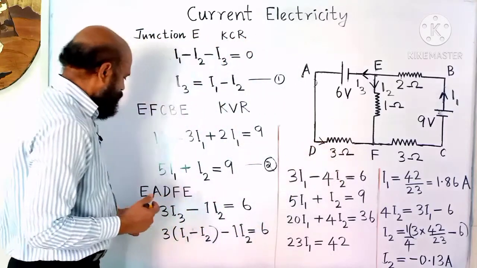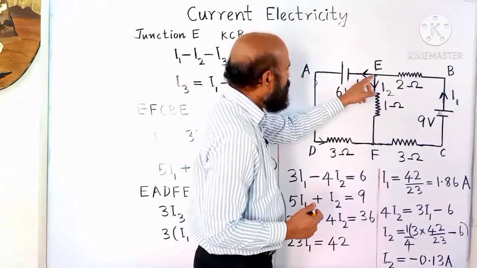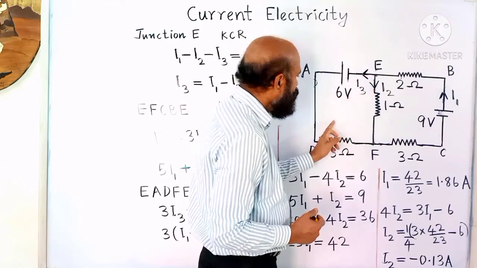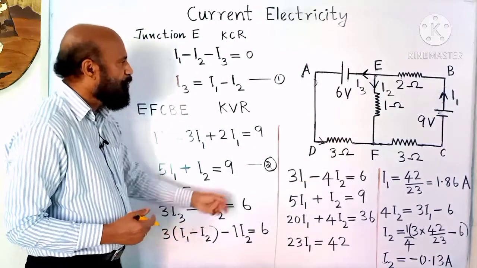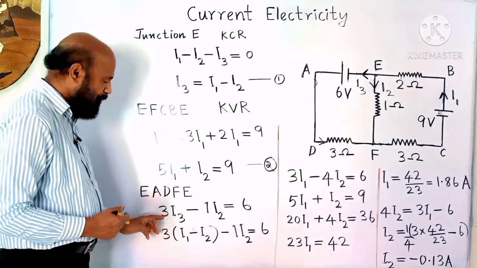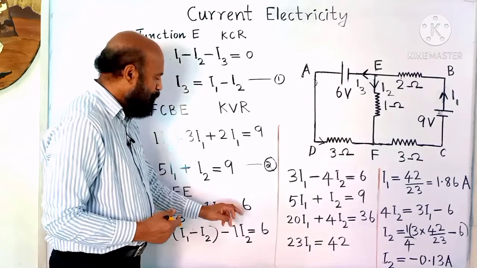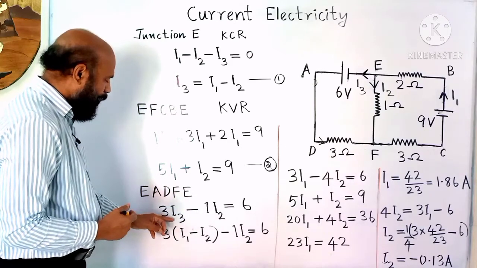So 3, the current is I3, but here the current is in the downward direction. Your walking is in the upward direction, so opposite. So minus 1 I2. The algebraic sum of the product of resistance and current is equal to the algebraic sum of the EMF. See, now I3.